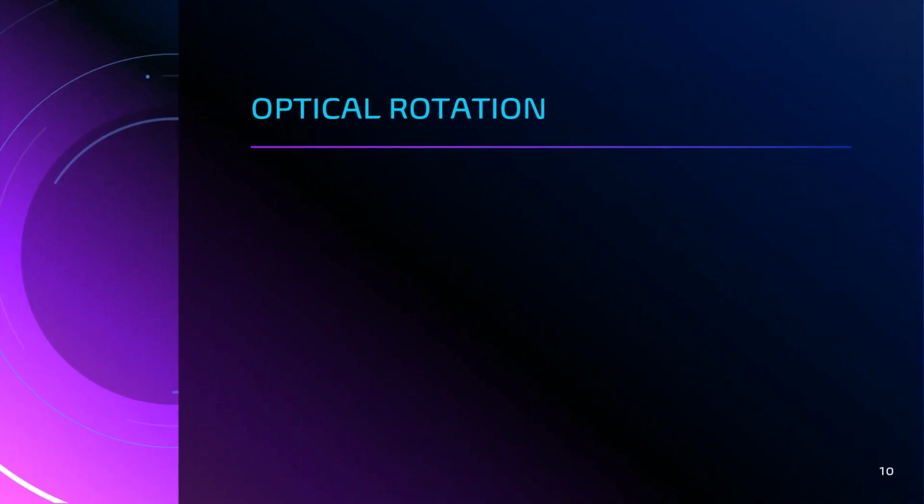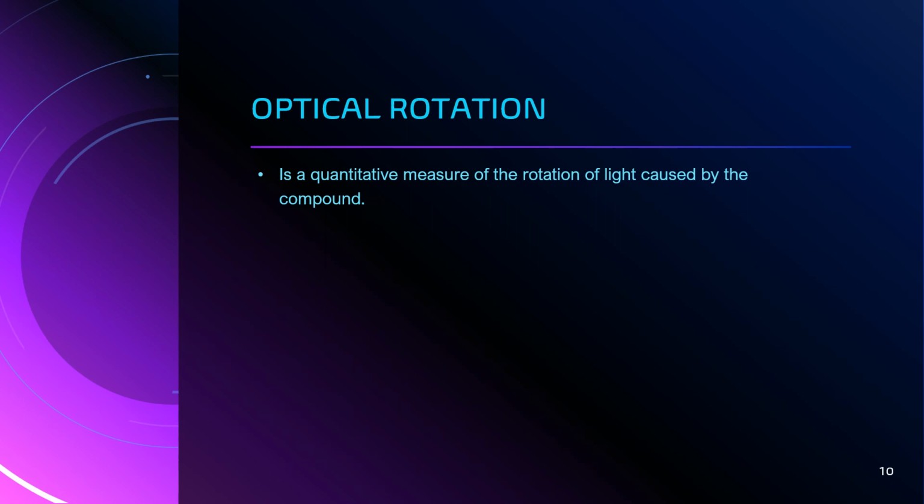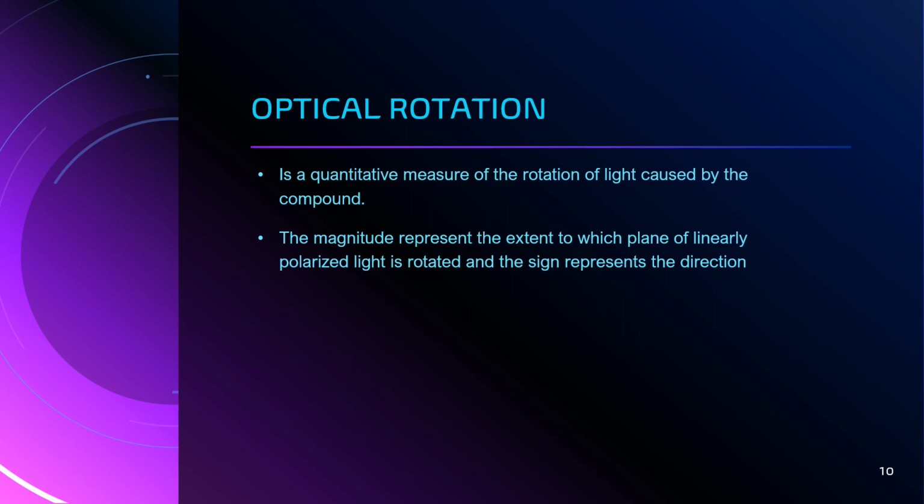Next one is optical rotation. Optical rotation is the quantitative measure of the rotation of light caused by the compound, which means the magnitude represents the extent to which the plane of linearly polarized light is rotated, and the sign represents the direction.